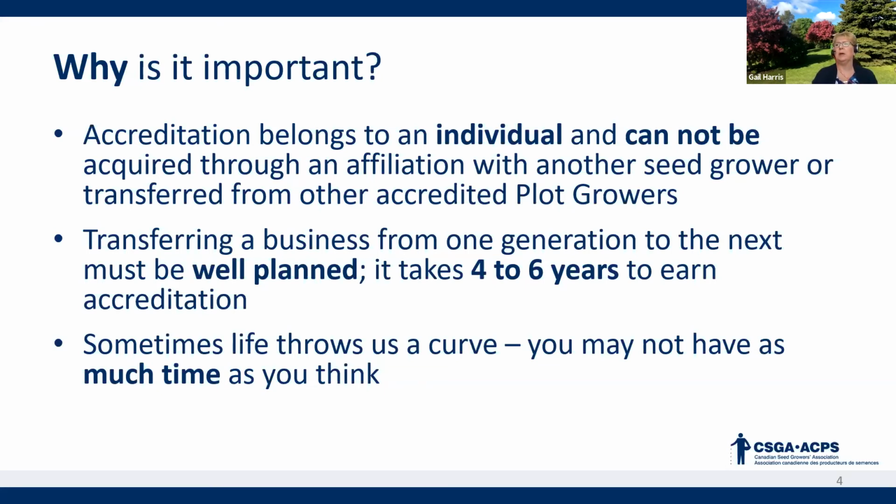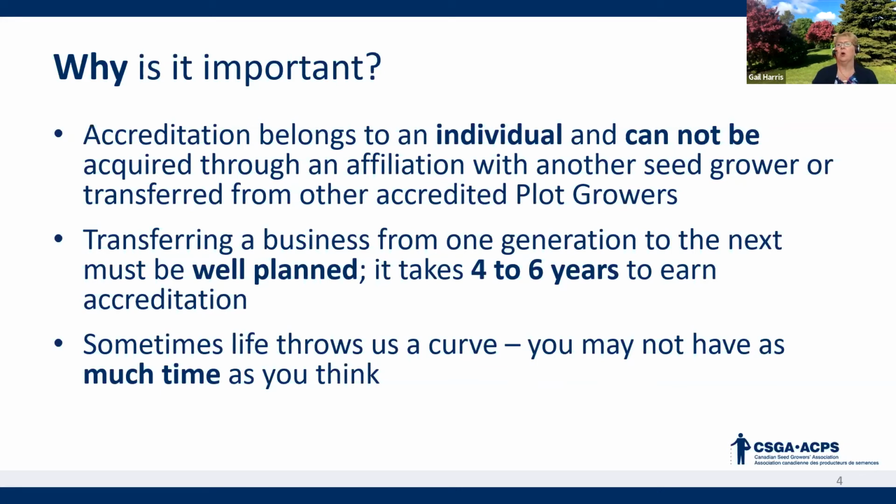It also can't be transferred from other accredited plot growers. So if you have a situation where you have a father and a son and a daughter in the same business and the father retires and transfers the business to their kids, then they would need to have accreditation in their own right. The accreditation from the father doesn't transfer along with the business.